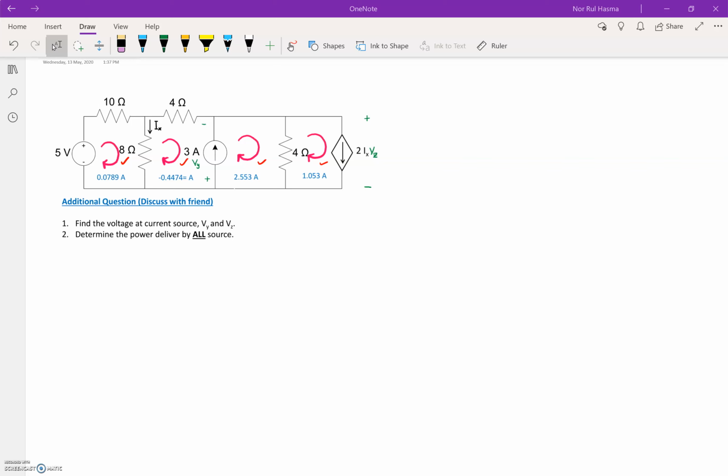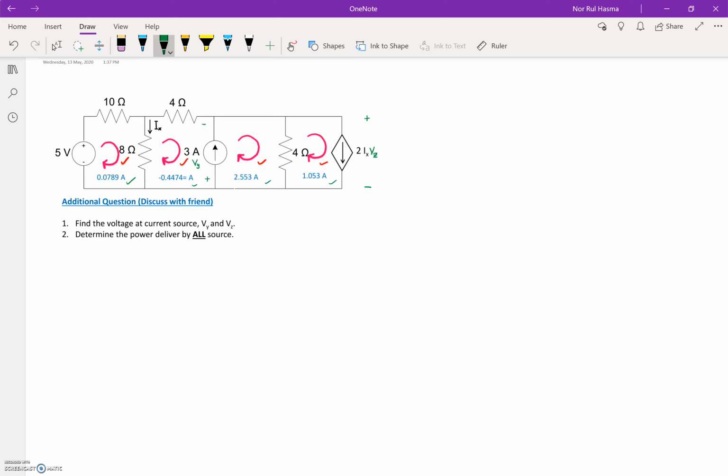In the previous example, you already found I1, which is 0.0789 mA, I2, I3, and I4. By referring to these circuits, you need to find the Vy and Vz as mentioned in the circuit.